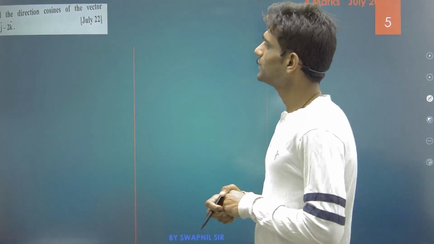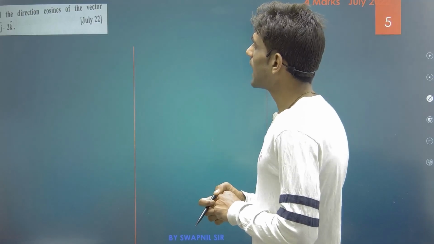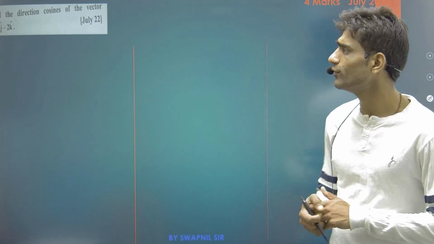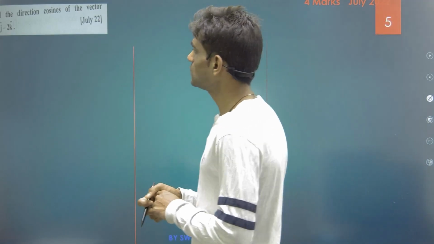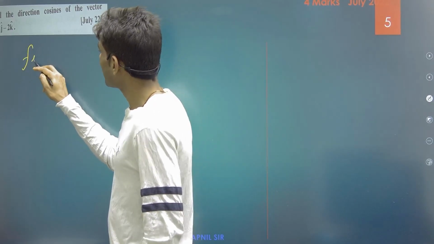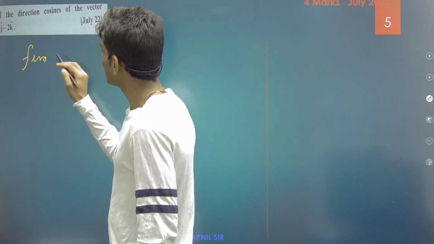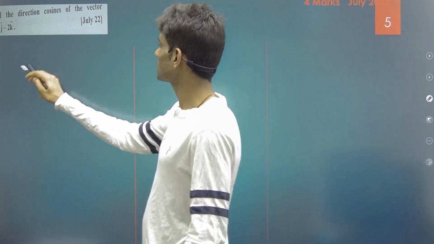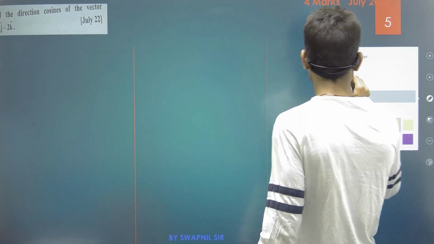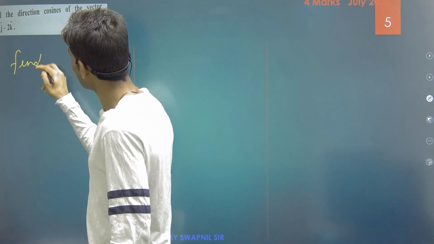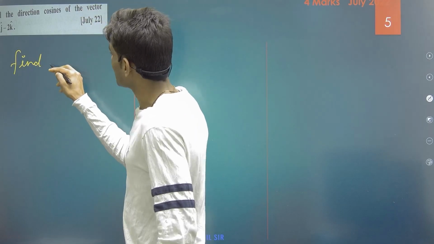In our next question we want to find the direction cosines of the vector.